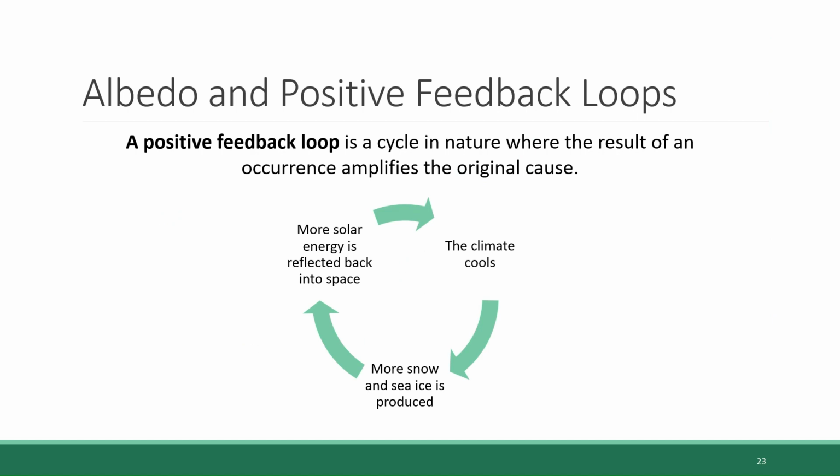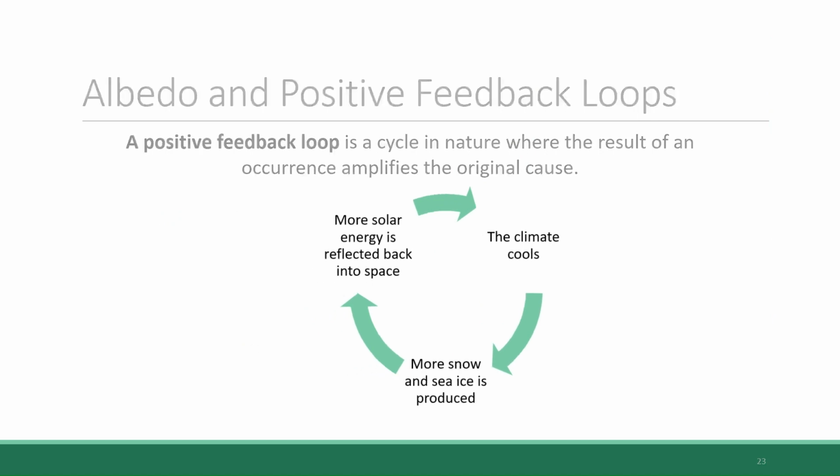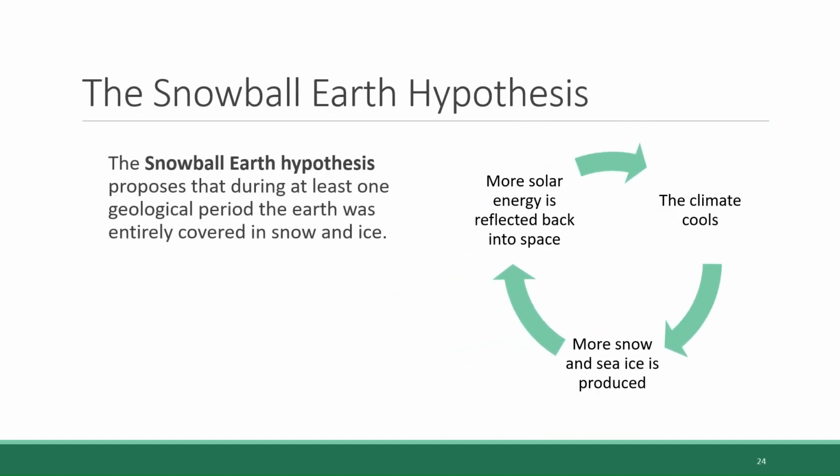This is known as a positive feedback loop and is thought to have been the driving factor in a historical geological state of the Earth known as the snowball Earth. The snowball Earth hypothesis proposes that during at least one geological period in Earth's history, the surface of the Earth was virtually entirely covered in snow and ice.